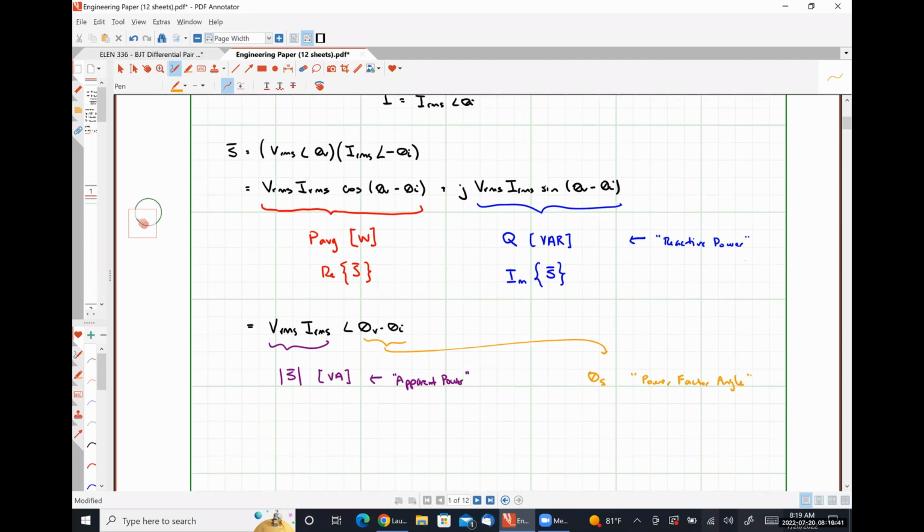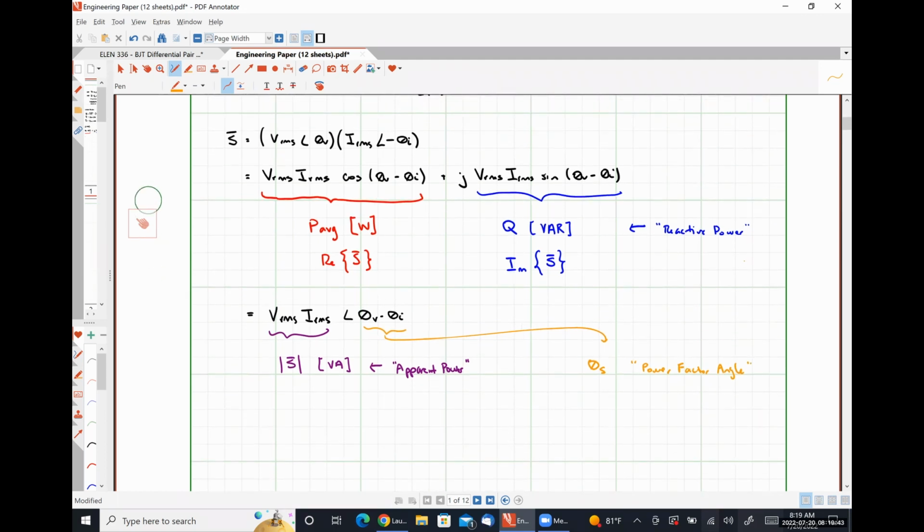So one very important thing to note regarding the power factor angle is that by definition, it is equal to theta V minus theta I, which is the exact same thing as the angle of the impedance that we're determining the power over, okay? So the power factor angle can actually be used to tell us a lot of information about the characteristics of the load that we're measuring the complex power over. And we'll get into that in just a few moments.